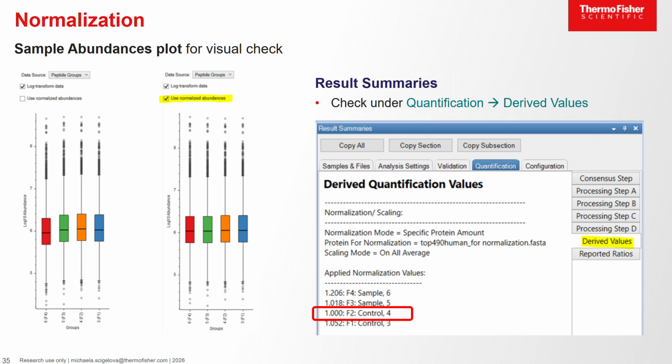So always check. Remember, the scale is a log 10, so a change by 1 unit is a 10-fold change in concentration, basically.